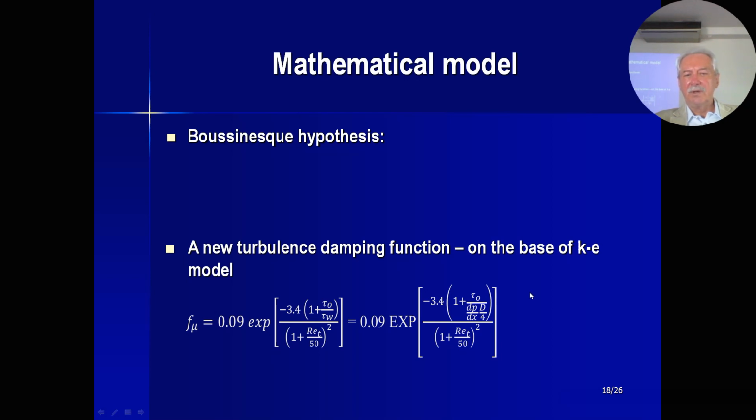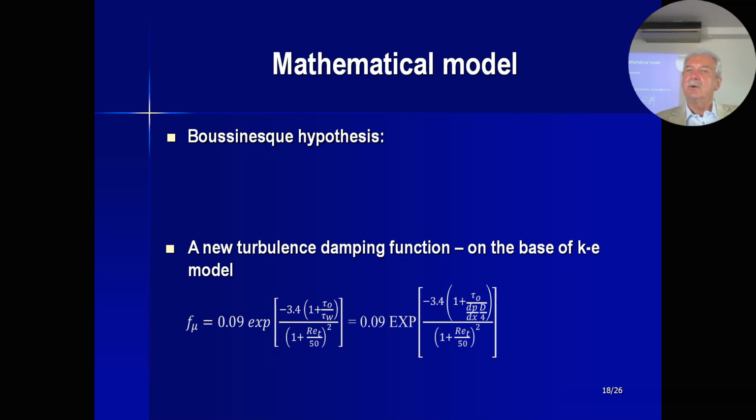important in the model is damping function, because I used Launder and Sharma turbulence model. This is two-equation turbulence model, which uses turbulent viscosity. And turbulent viscosity is calculated on the basis of kinetic energy of turbulence and dissipation rate of kinetic energy of turbulence.